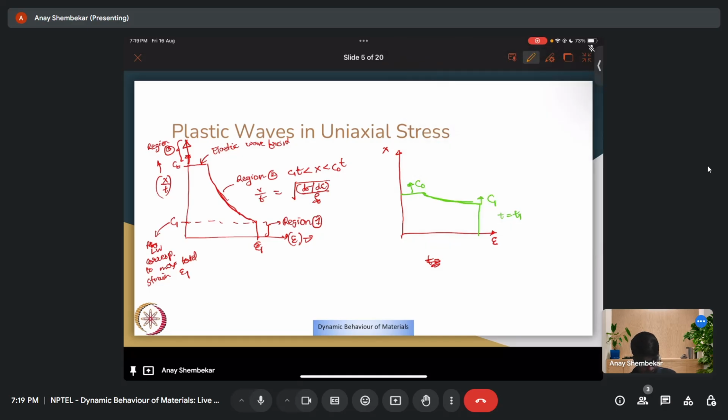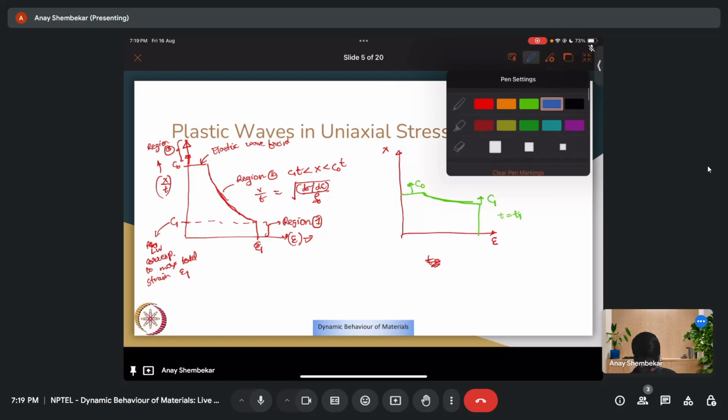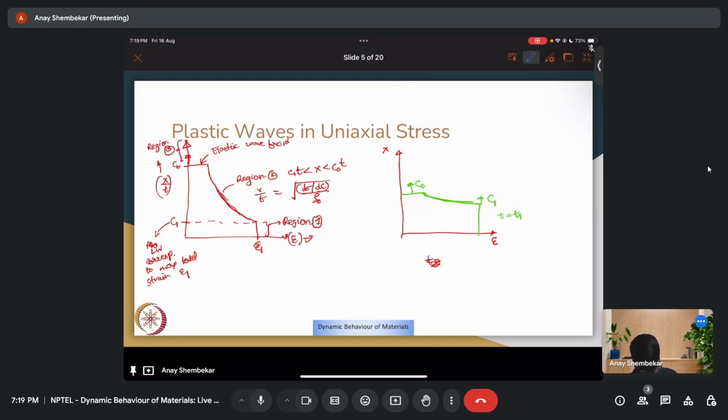I plot another at a later time, with c naught, c1, and the maximal strain epsilon.